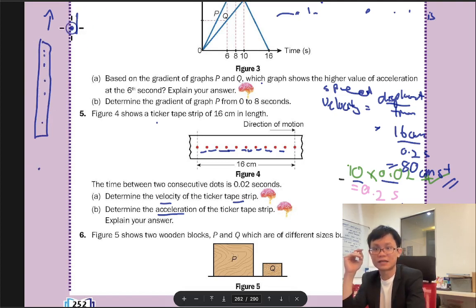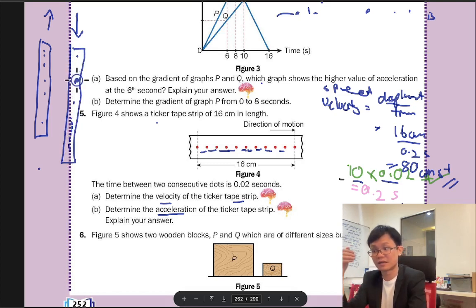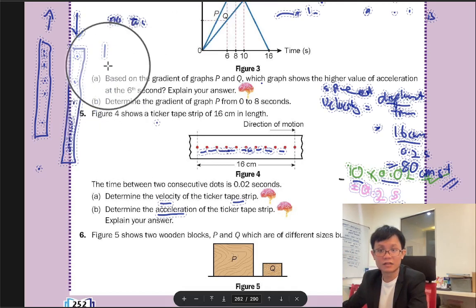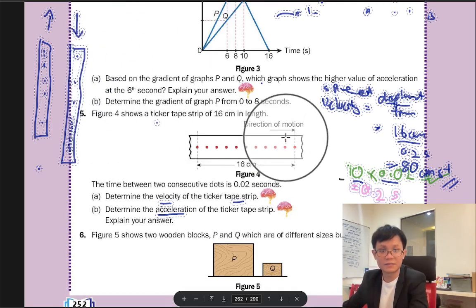If it slows down, it will be far, then near. So the object slows down. If no acceleration, all the dots are the same distance.